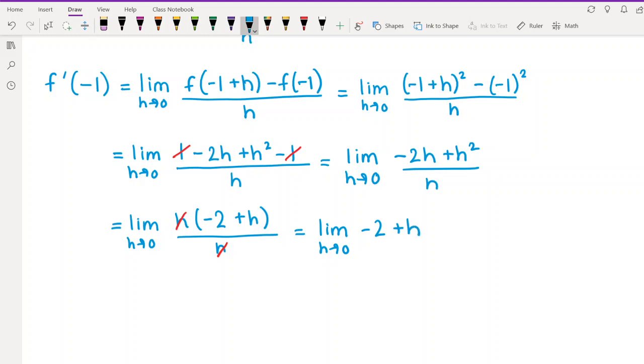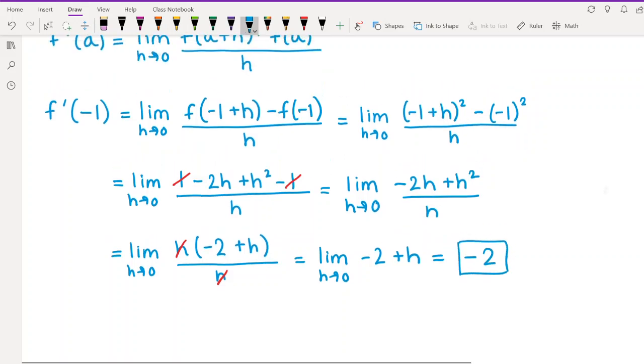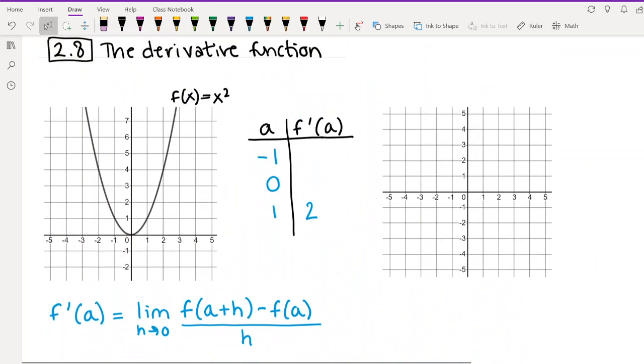And so we could never plug in h equals 0 up until this point because we always had an h in the denominator, but now we don't. So now we can plug in h is equal to 0, and so we just get negative 2. So we now know that the slope of the tangent line at x equals negative 1 is negative 2.